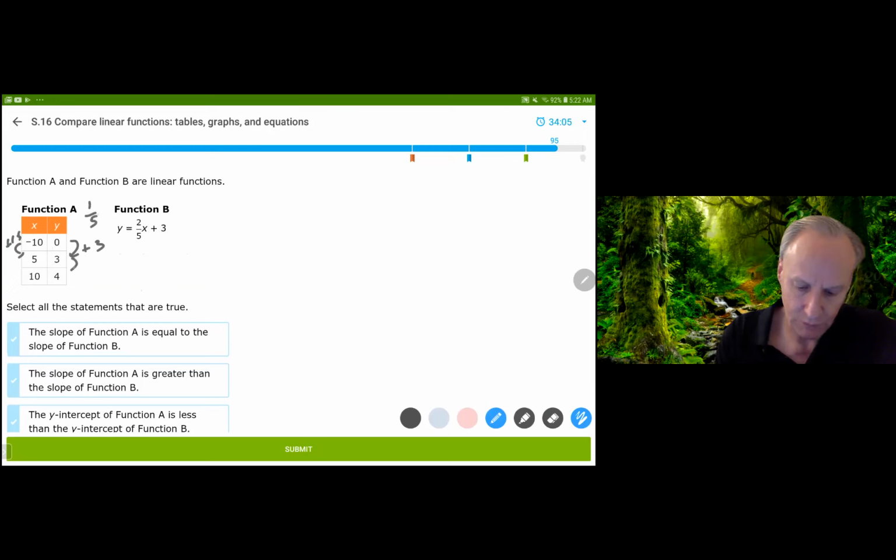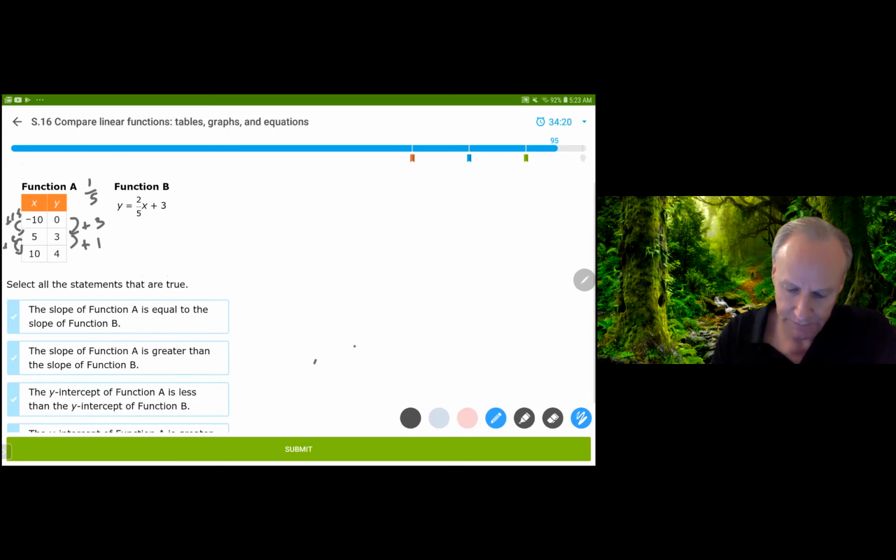If you need to see it, it's up 1 and over 5. So the slope of function A is 1/5. The slope of function B is 2/5. So clearly, the slope of function A is not equal, and the slope of function A is not greater. So this one's no good and this one's no good.